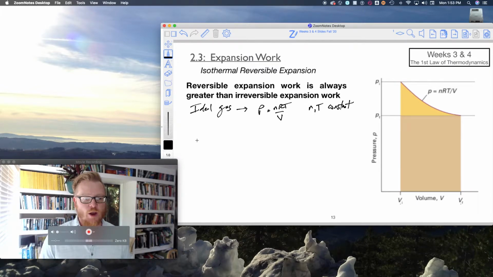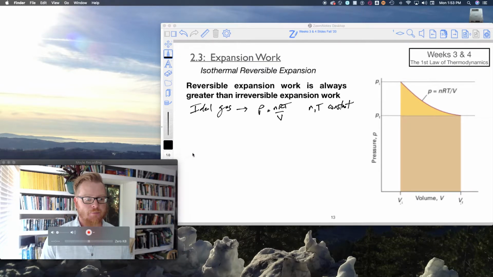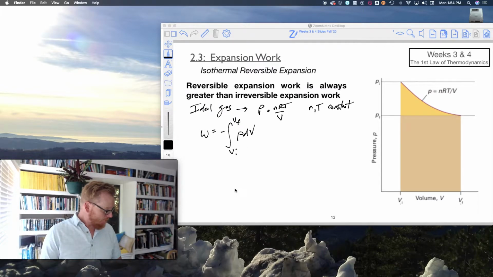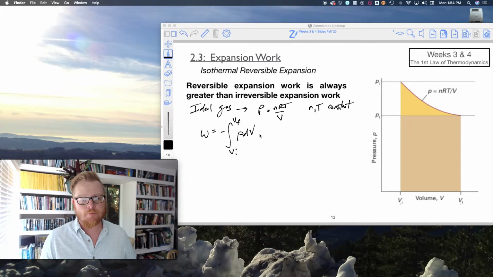So now, work is this equation. Well, we have an equation for P, right? So we can plug that in.